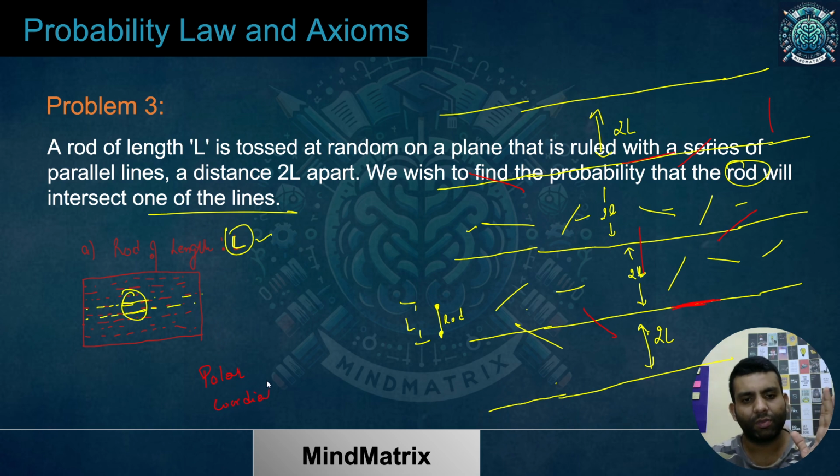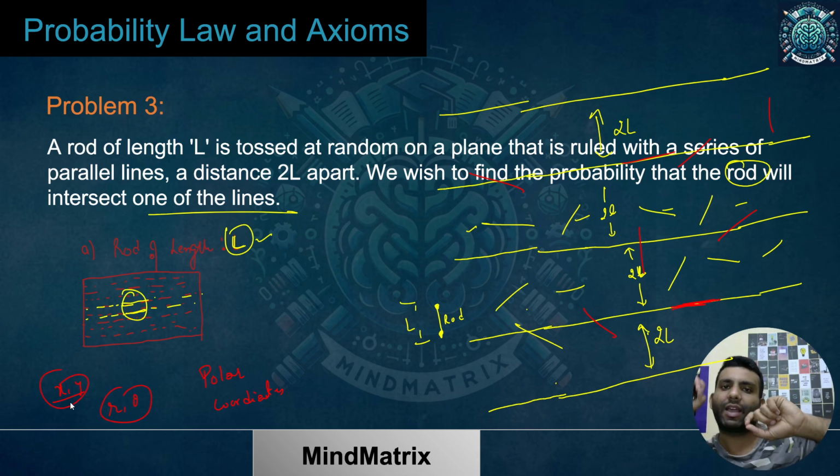As we have xy, similar to that we have a concept of r theta. xy is when we have the coordinate exactly, that x point, y point. And sometimes we have polar coordinates where we are given the distance from the origin and the angle it forms. If you know polar coordinates, then you can solve this question.